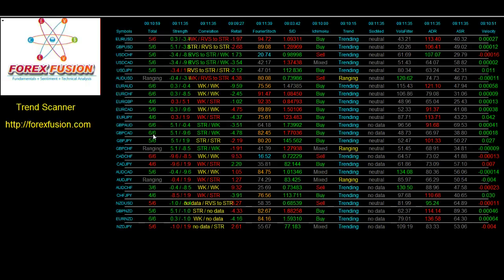Pound Aussie and Pound CAD showing trends to the upside, especially the Pound Aussie. Pound Aussie. If you bear with me, I'm going to open up a Pound Aussie chart.